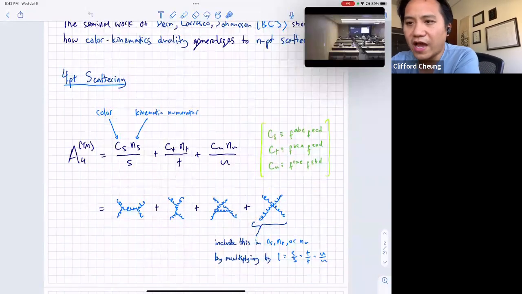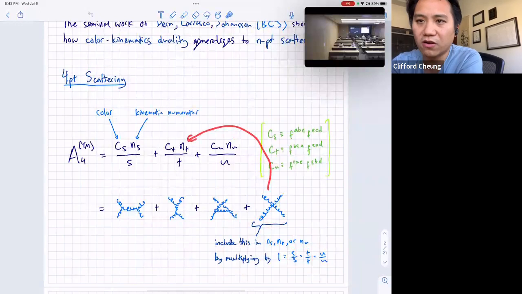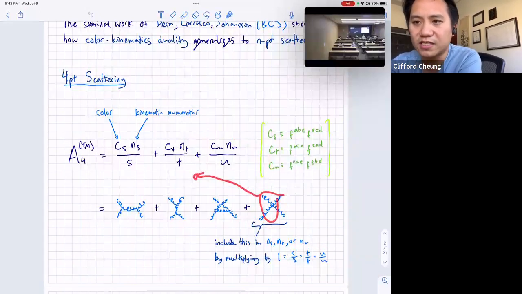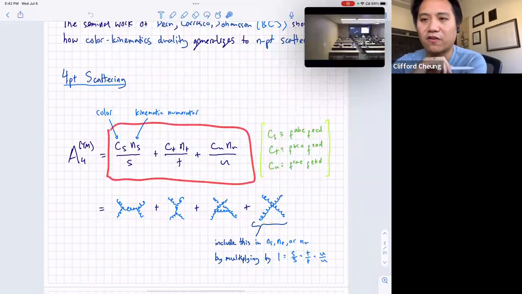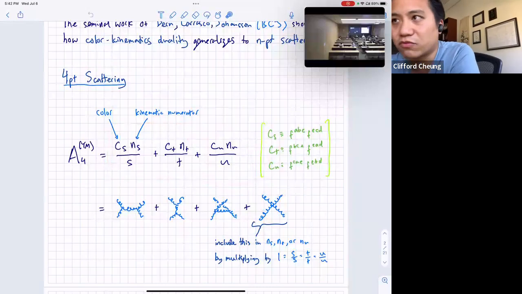But of course, I can take a quartic and multiply by either S over S or T over T or U over U, and then associate it with one of these factors. So you can jam it into here if I multiply by U and divide by U, or put it here, and so on and so forth. So the point here is I can take the quartic and also put it into one of these terms. The whole point is that all of the Yang-Mills terms are arranged in some way into these 3 pieces.